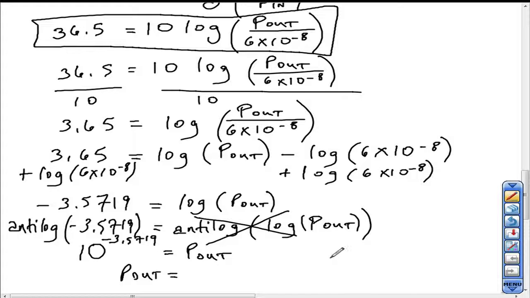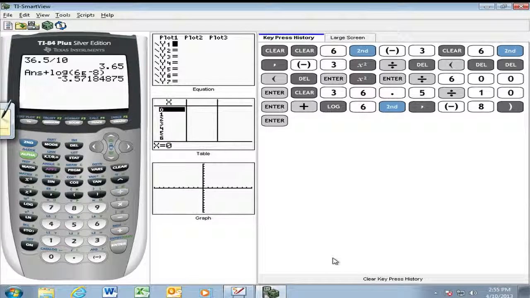So if you go back to your best friend, take a look, little blast from the past. Your 10 to the x function, that's your anti-log, is literally the subfunction of the log. So you're going to go to the anti-log of your answer.